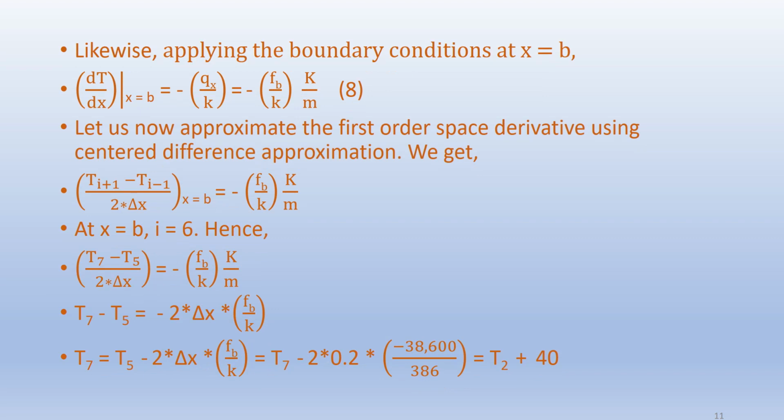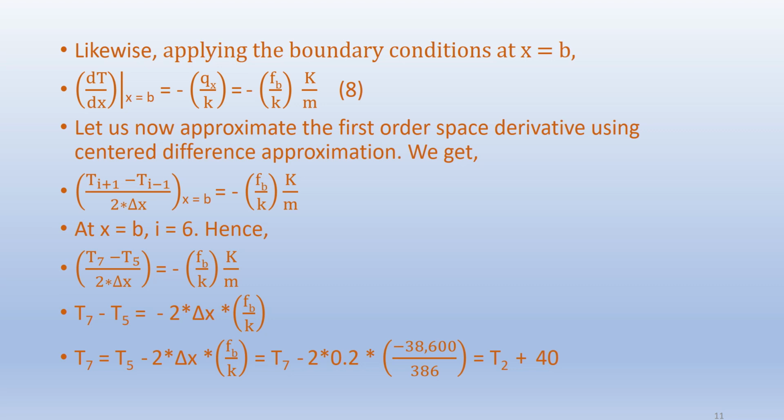Similarly, we can apply the boundary condition at x equals b: dT over dx at x equals b is equal to negative Qx over K equals negative Fb over K. And we again approximate the first order space derivative using centered difference approximation as (T_{i+1} minus T_{i-1}) by 2 times delta x at x equals b equals negative Fb over K. At x equals b, i equals 6.